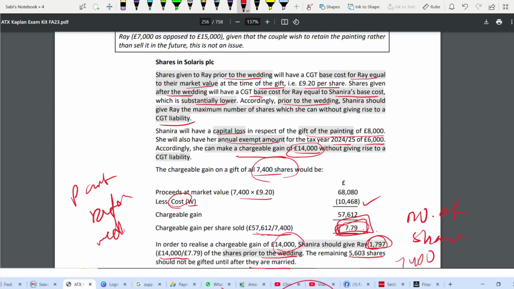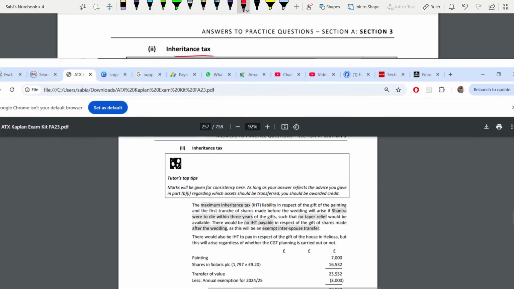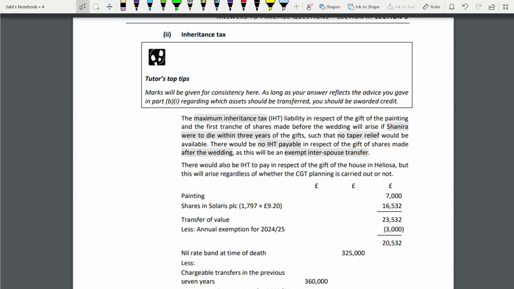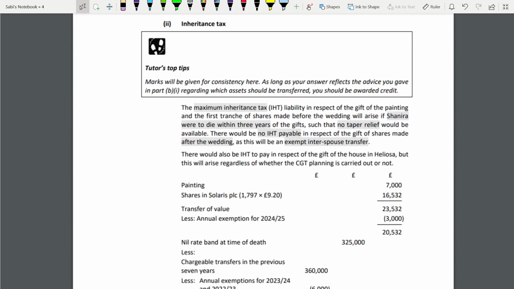So now we are moving on to inheritance tax. So this is regarding the gift of painting and the first tranche of shares made before the wedding. Why after the wedding you don't calculate? Because after the wedding, no gain, no loss.